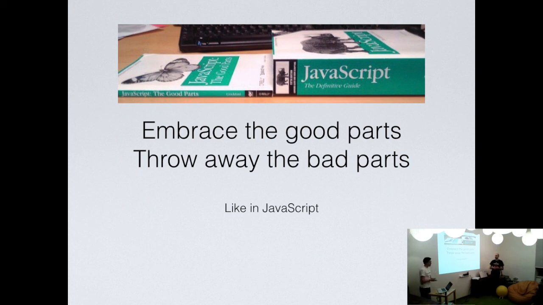We should focus on the good parts of the language and just discard the bad parts. This is just like in JavaScript, only in CSS the good parts are even thinner. So it's hard, but it's not impossible to make our style sheets quite a bit more maintainable.